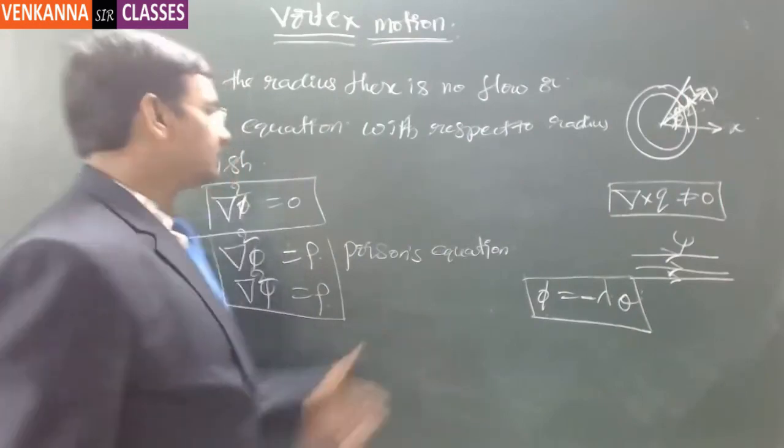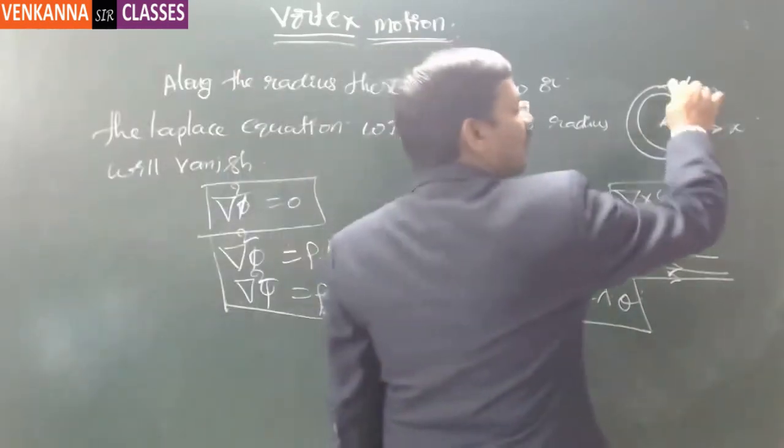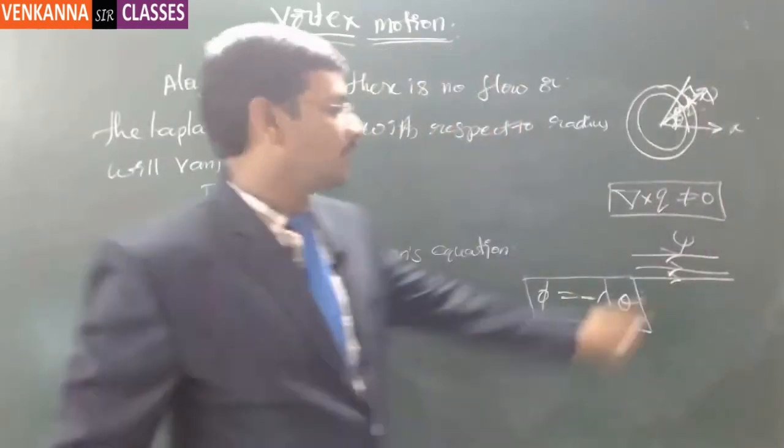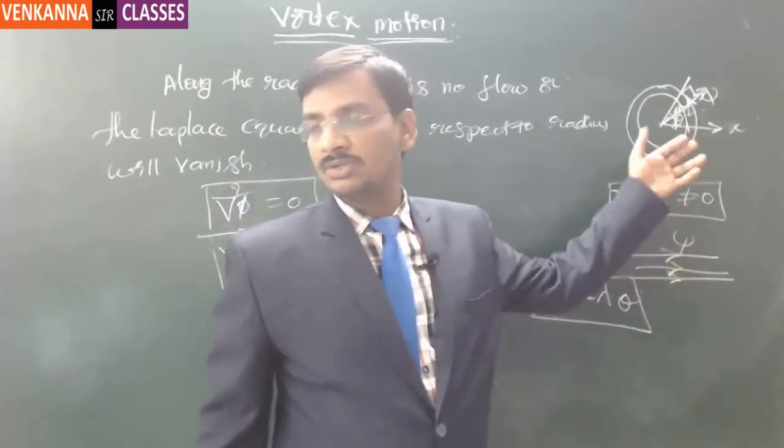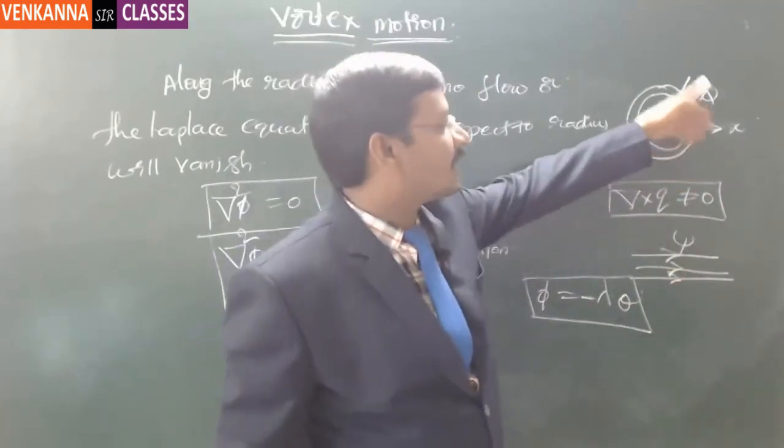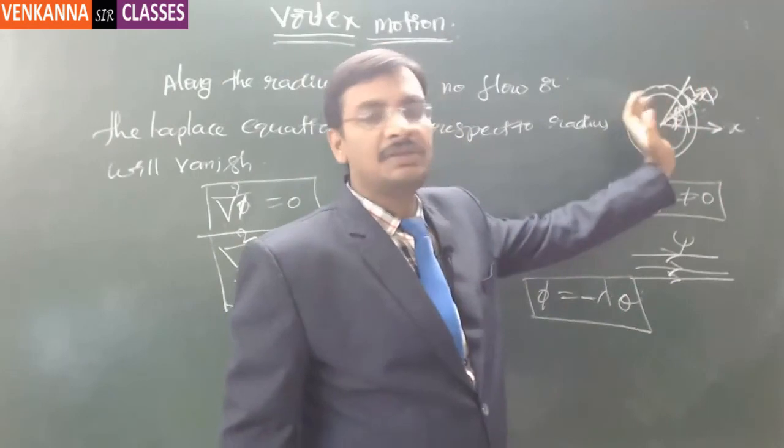The other thing is, the streamline can be modeled like the potential in the case of normal flow. Got it? These streamlines are traveling along the direction of the circle.